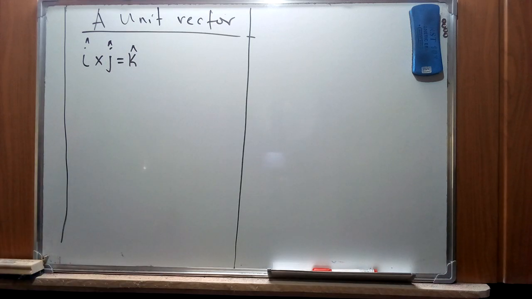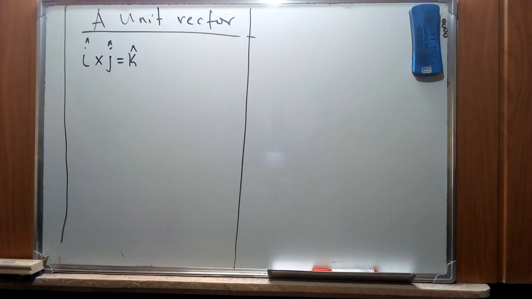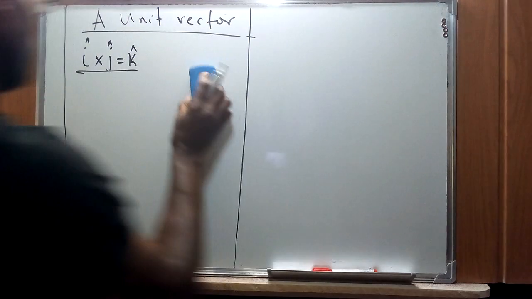Some of these laws we're going to see applied in the concept of electricity, like the hand rules that dictate the position of a magnet or the direction of magnetic fields and other aspects of physics, especially on the topic of electricity. This unity vector is going to open a way for us to understand how the interplay between these components works, and this is going to assist us in solving some of the problems that we may encounter in vectors.